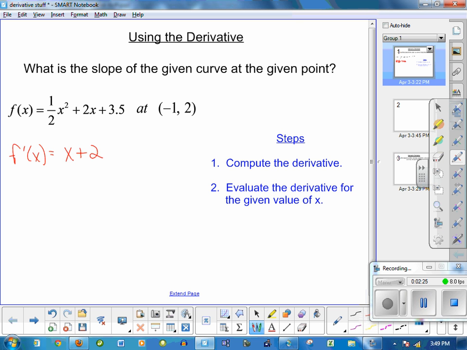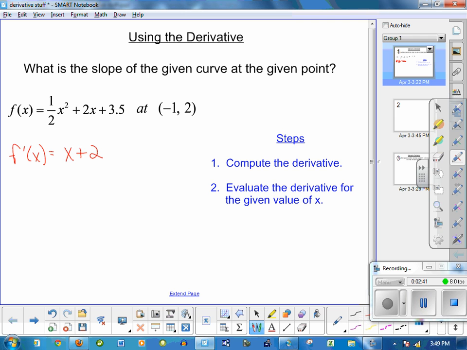And then the power rule done on a constant term is 0, the last term being that constant of 3.5. So a pretty straightforward power rule process. It's something you should have mastered as you go into these problems that require you to use the derivative.